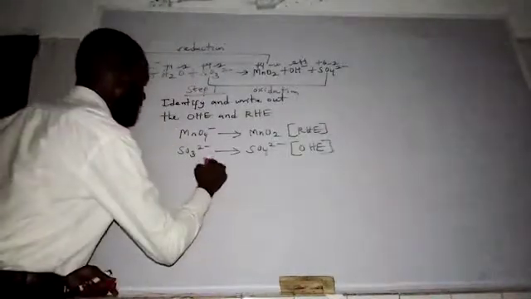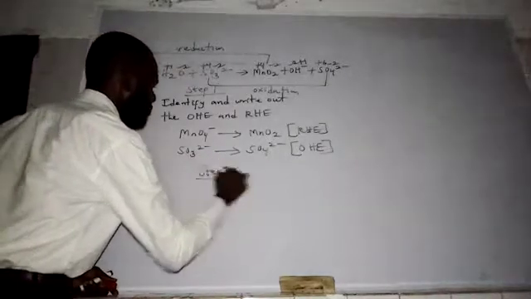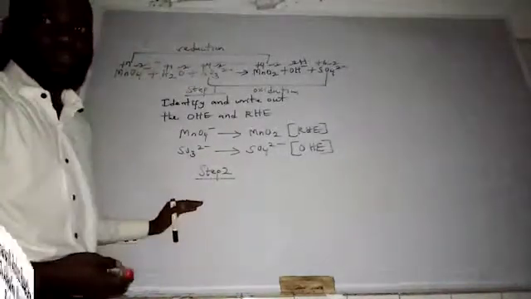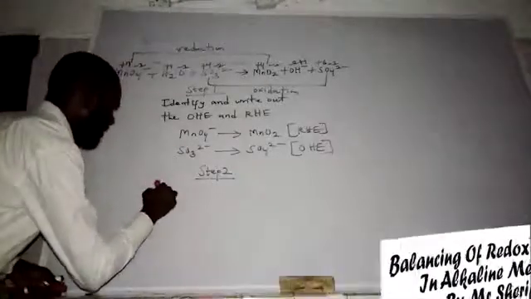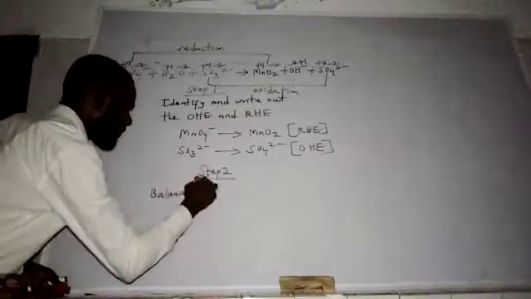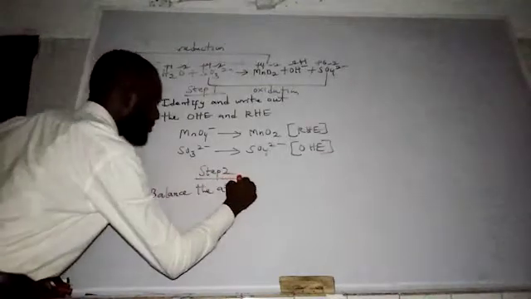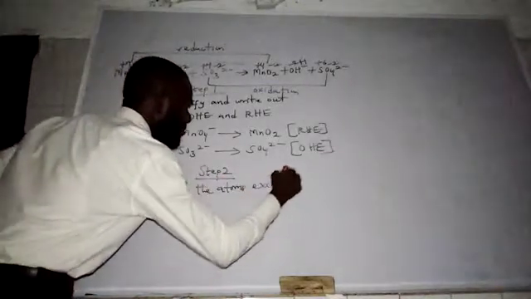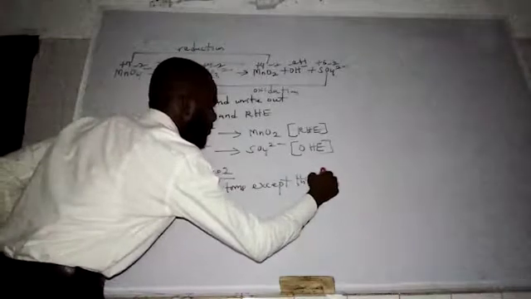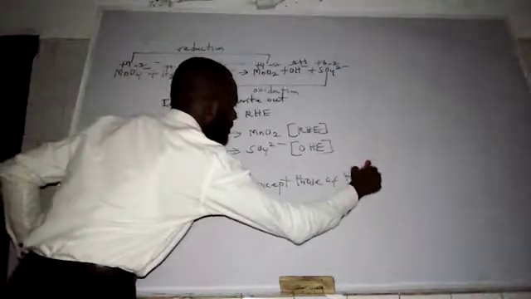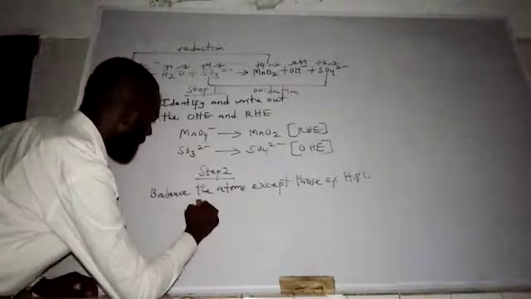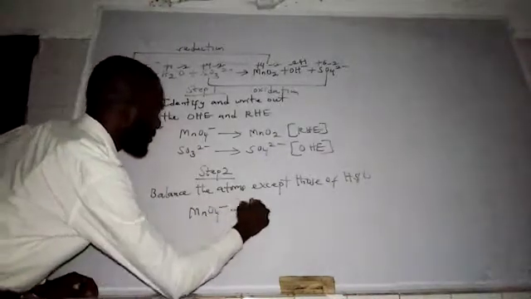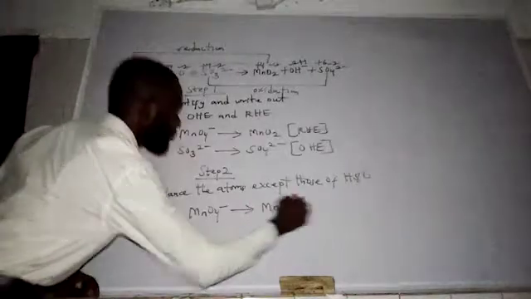So for my step 2, all I have to do is to balance what? Balance the atoms except those of hydrogen and oxygen. Now, if I look, let me bring it out. I have MnO4 minus, then MnO2.